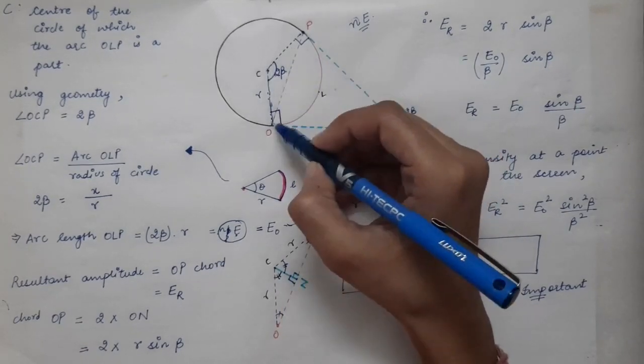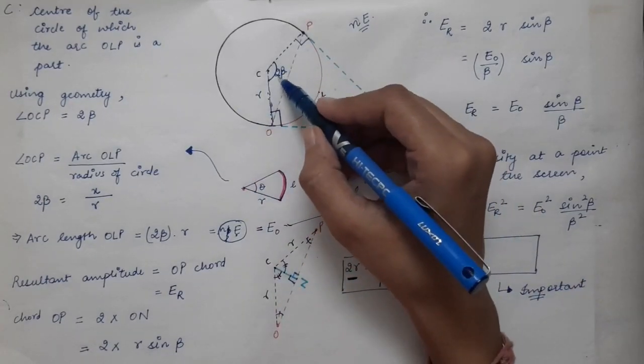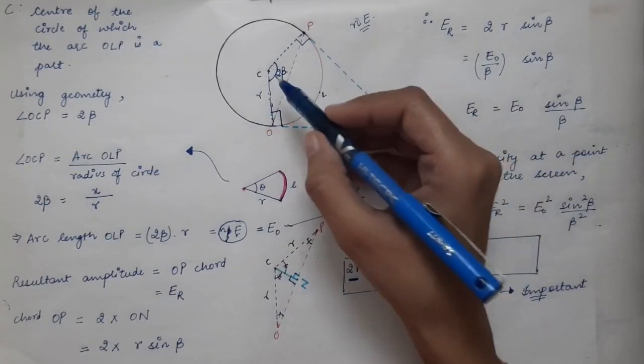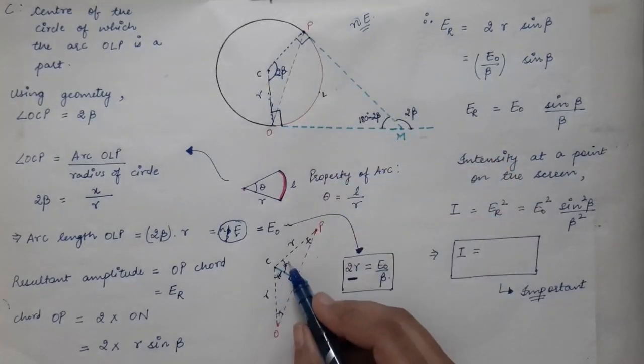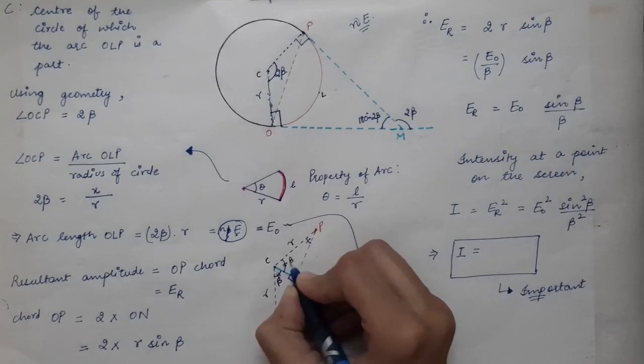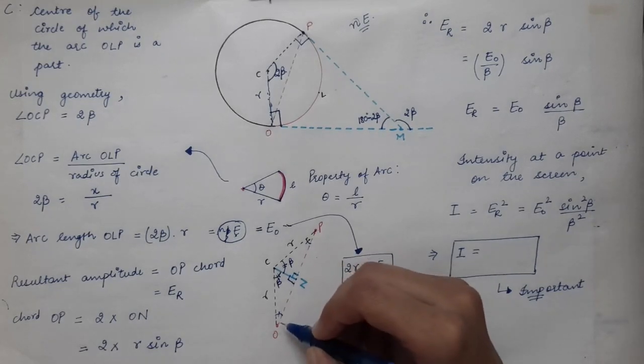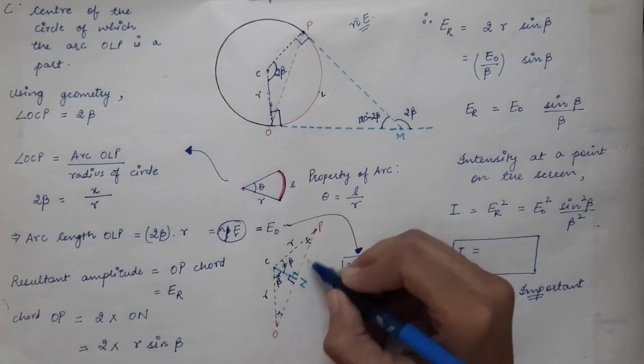So this total angle OCP, using the geometry, we found that this whole angle is equal to twice of beta. Now this angle is divided into two equal parts, means this angle will be equal to beta as well as this angle will be equal to beta. Now we wanted to find the length OP.